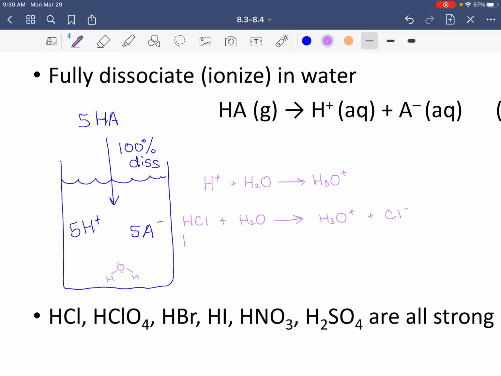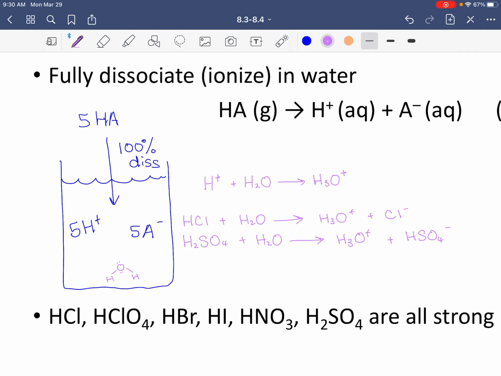Here's another strong acid, sulfuric acid. You react that with water and you get, again, H3O plus, because you picked up a hydrogen from H2SO4, and what you're left with is HSO4 minus.